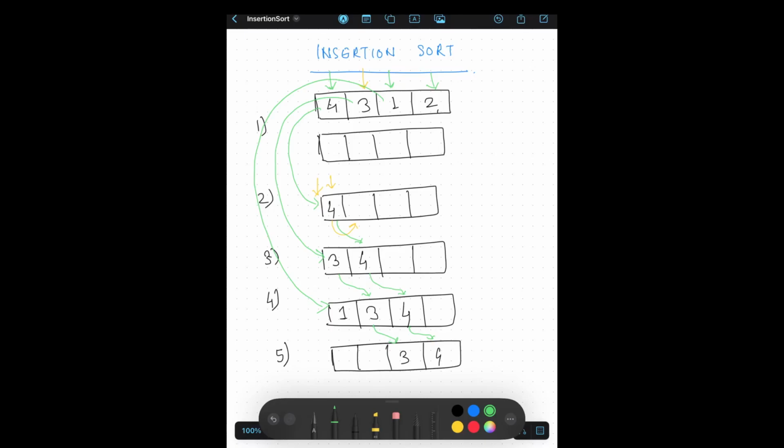So now we found 1 which is smaller than our current number. So 1 will retain its place, and the space which is left is where 2 is going to take its place. Right? So I think that's how we place cards in a sorted deck when we play a game of cards.